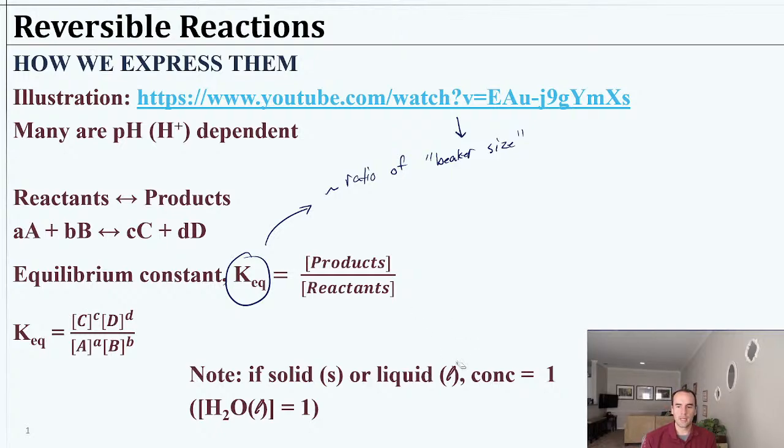Sometimes we will handle issues where we have some liquid or a solid, especially solids when we're doing precipitation or dissolution reactions, and we just handle that with a 1. There's a little more complexity as to why we can do that, or why we need to do that, but for the moment I'm just going to say we assume it's 1.